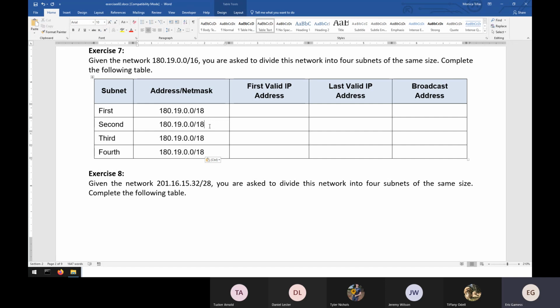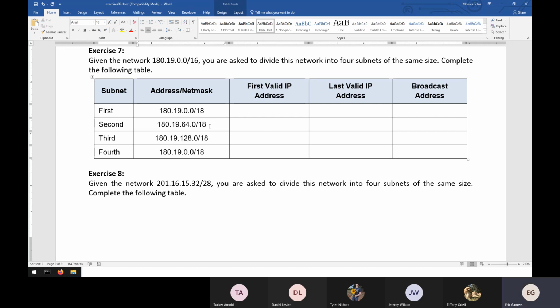So the magic number is 64 in the third byte. It means that we must go by step of 64 in the third byte. So 0 plus 64 is 64. 64 plus 64 is 128.